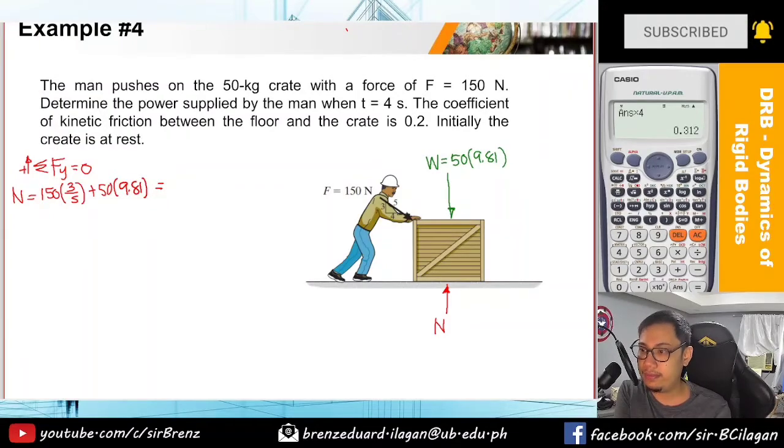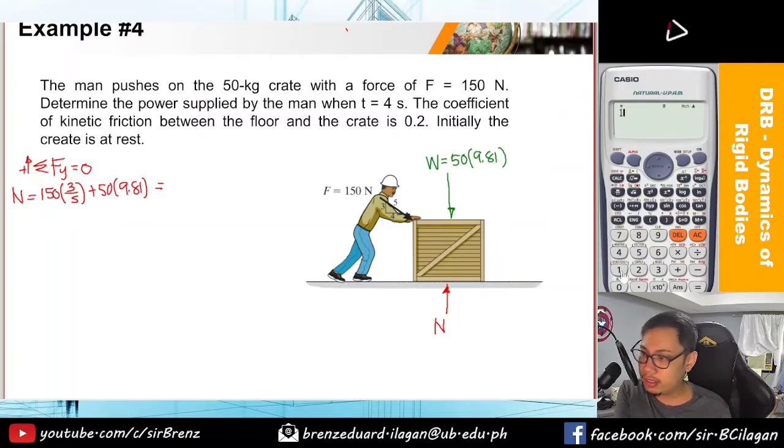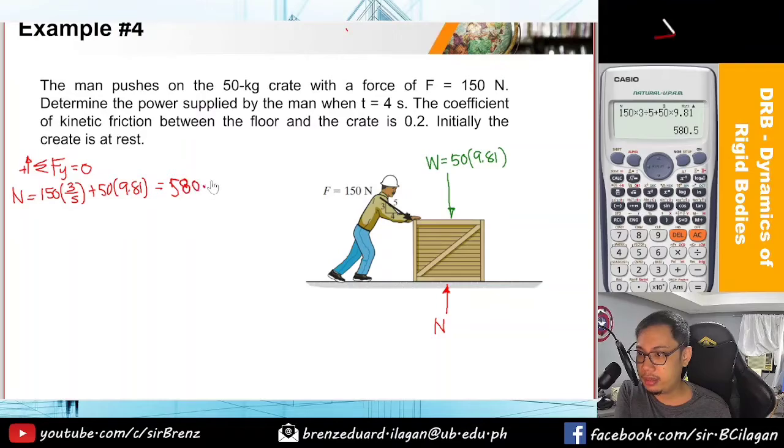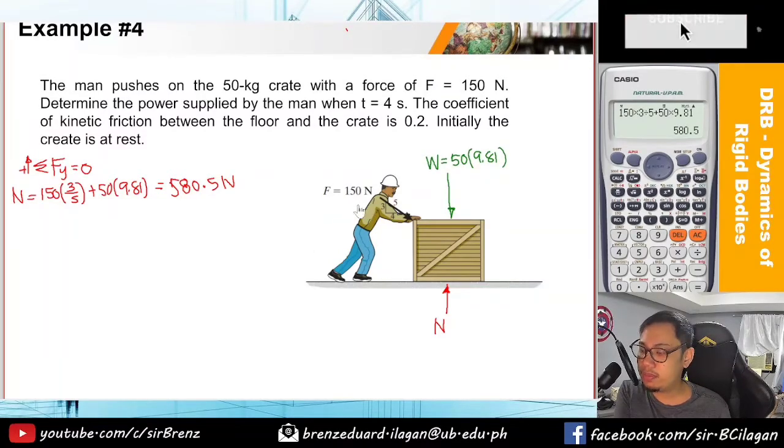So we will have a normal force of, pindutin lang natin, 150 times 3 divided by 5 plus 50 times 9.81. So that is 580.5 Newton. Alright, since the man is pushing the crate to the right, yung motion natin is ganito.